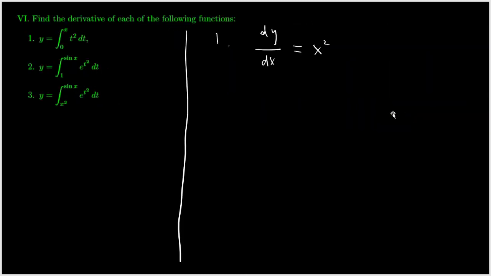Straightforward, simple, right? We just use part one of FTC. So directly, it's simple. Any questions about this? I want to repeat, the only thing you have to check is, are we differentiating the function with respect to the upper limit? If that's the case, then the derivative of the upper limit function is the integrand. Replace t with x.